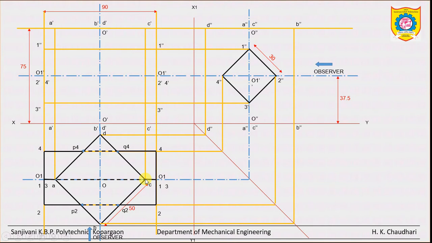Now we are going to complete the front view of this intersection. So draw the respective intersecting point. First of all, take this point as P-1. Clear? Why P-1?